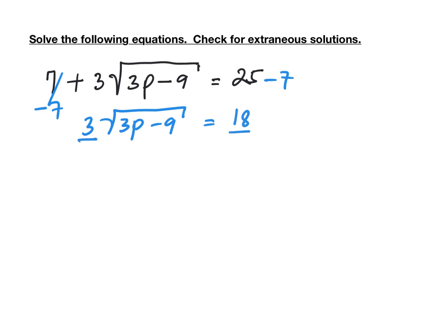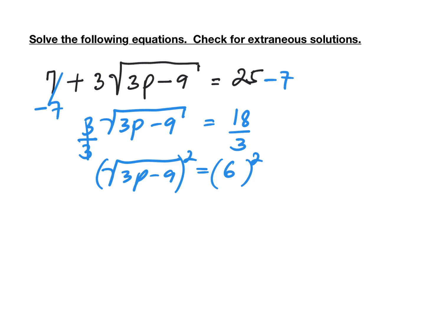Then we divide both by 3 to isolate 3p minus 9. 18 divided by 3 is 6, and we're going to raise both to 2 to cancel out the square root. So this is going to give you 3p minus 9, and 6 squared is 36.